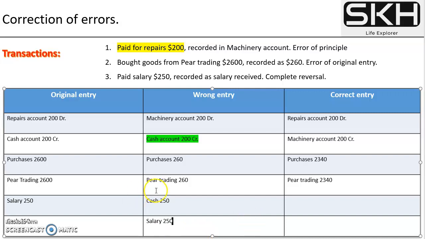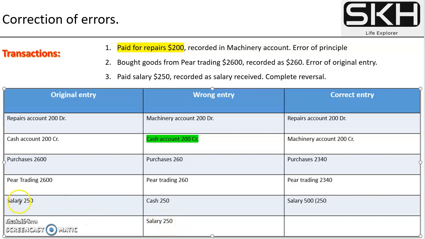So look at that. Now how can we correct it? Here we made a mistake. The first mistake, we never recorded the salary. The second mistake, we recorded the salary on the wrong side. So instead, we will debit the salary now by 500. Why 500? Because if I debit with 250, this 250 will only cancel this mistake.